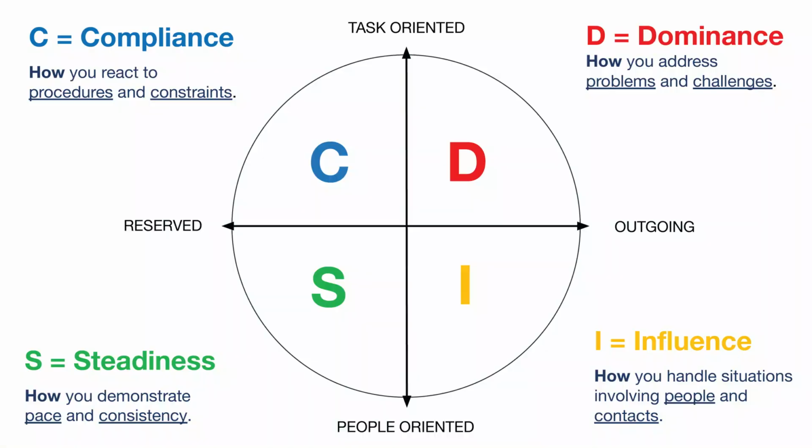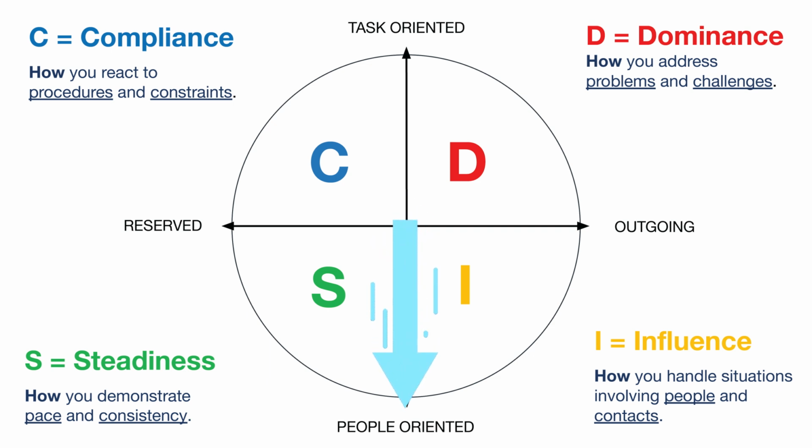All right, so let me give you a little overview of what the DISC is at a high level. There are four basic personality types. Imagine a quadrant. In the top half, you have your D's and your C's, your task-oriented personality types.